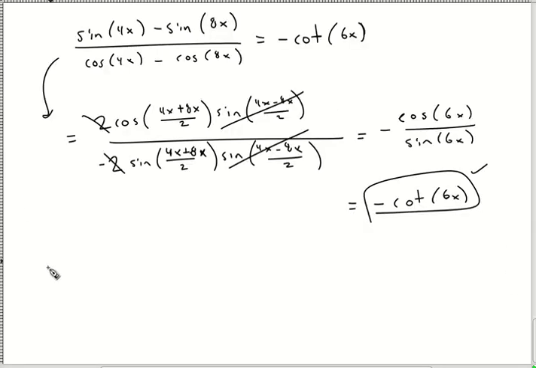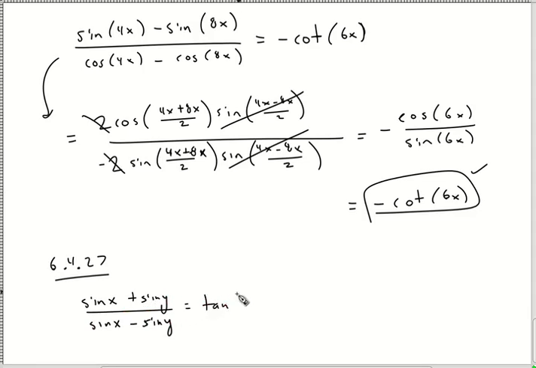Number 27. I've got sine of x plus sine of y all over sine of x minus sine of y is equal to, they say it's equal to tangent of x plus y all over 2 times cotangent of x minus y all over 2.